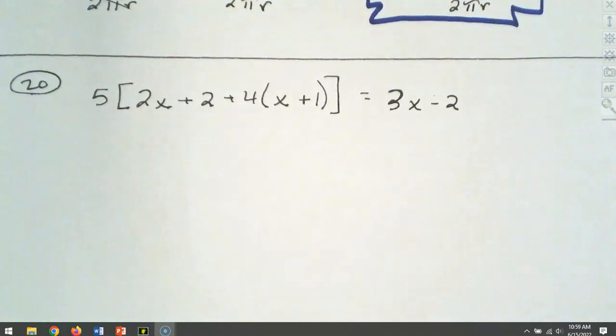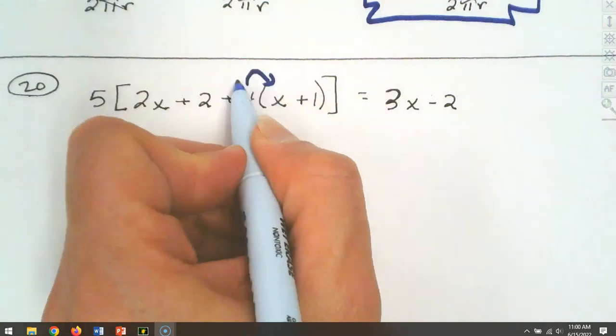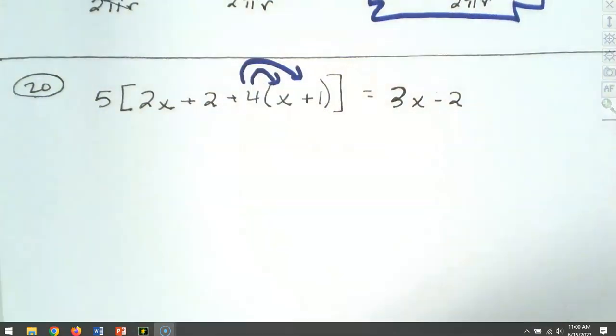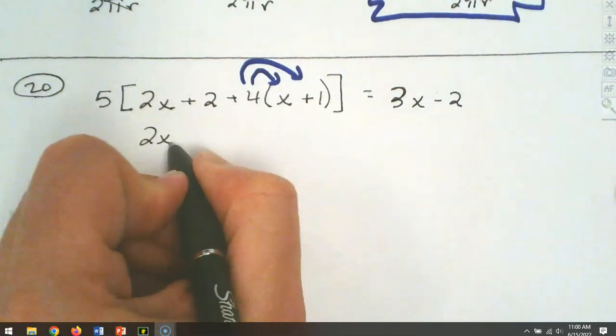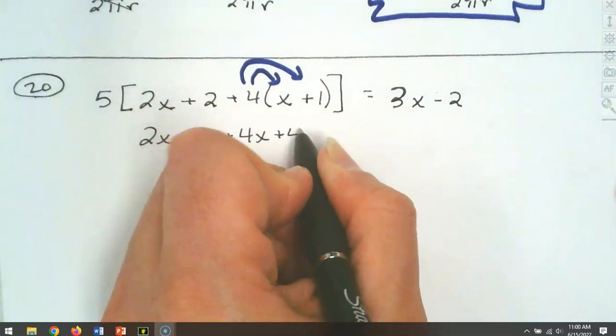It's not a difficult question, but we have to make sure we approach it in the correct way. We always work from the inside, and we slowly work our way out. And so on the inside, we need to go ahead and get rid of our parentheses so that 4 can be pushed through. And that's going to leave you then with a 2x plus 2 plus 4x plus 4.